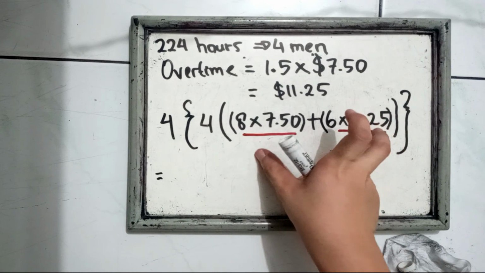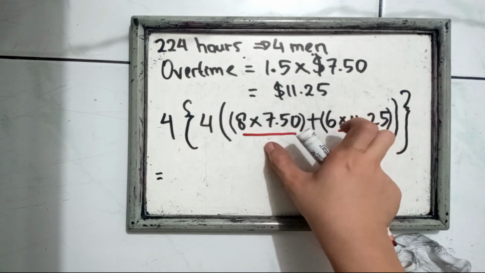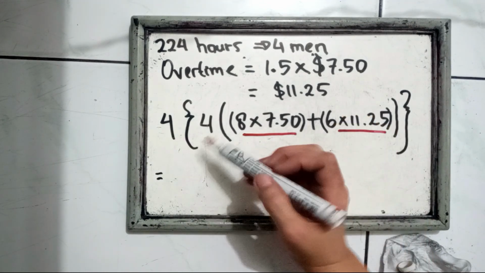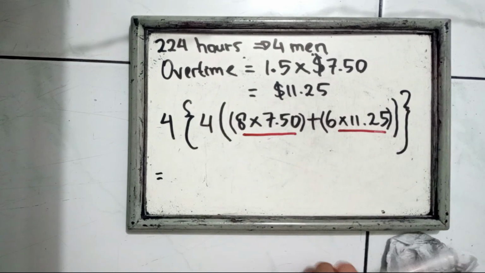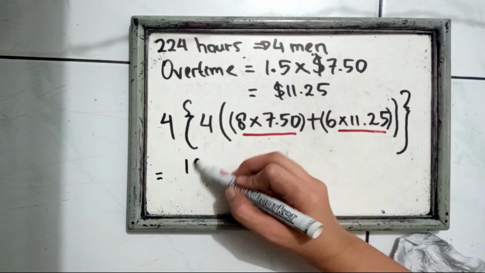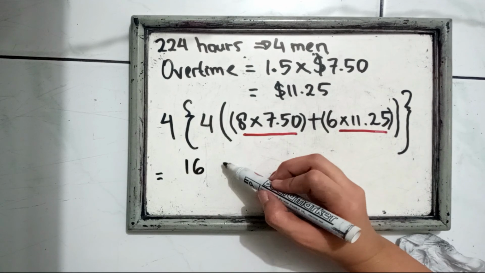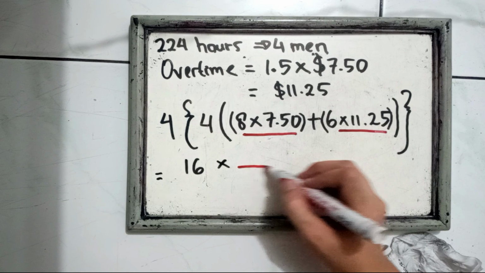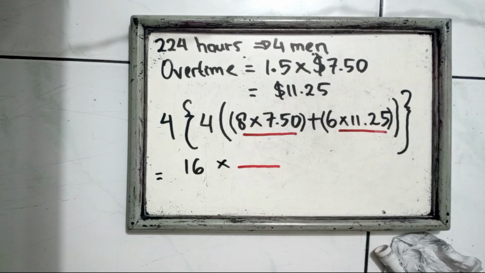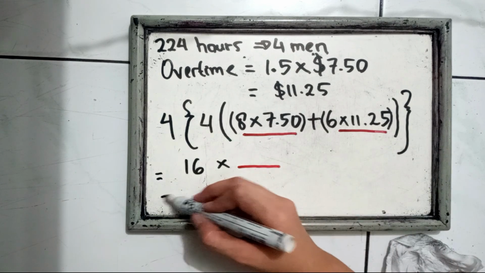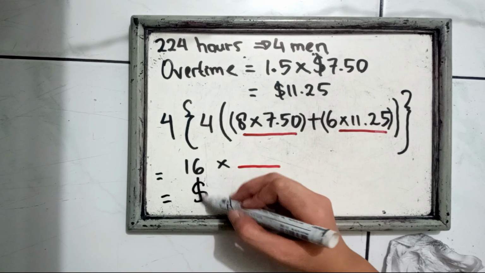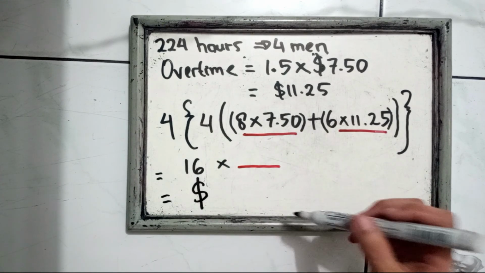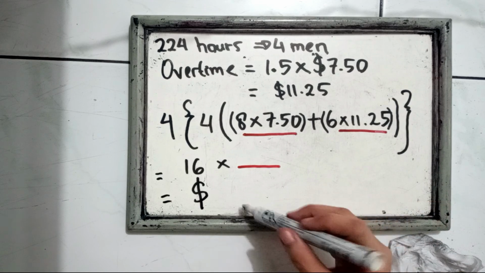After you add them and get the answer, you can directly times it by 16. 4 times 4, 16. So 16 times this one. Okay, so you will get the total amount of money that the 4 workers will get in 4 days for finishing the project.